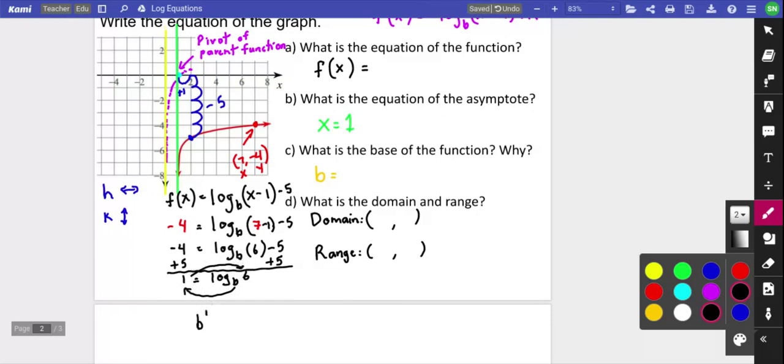So we want b to the 1 power equals 6. Therefore, the base is 6. We're going to write b equals 6.